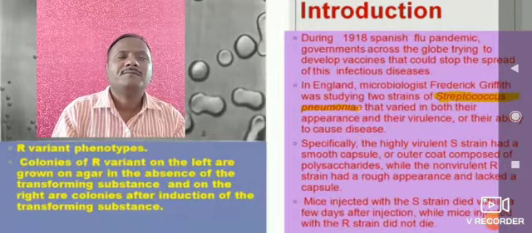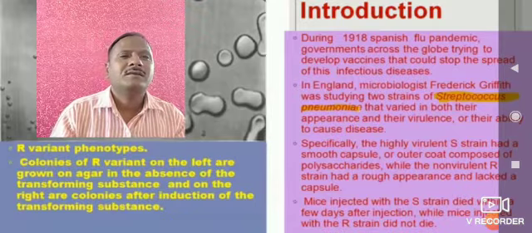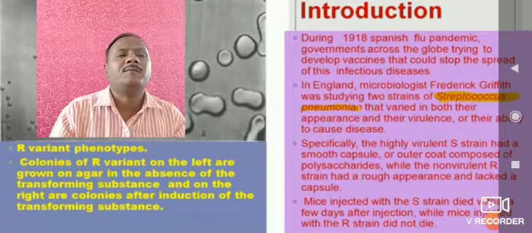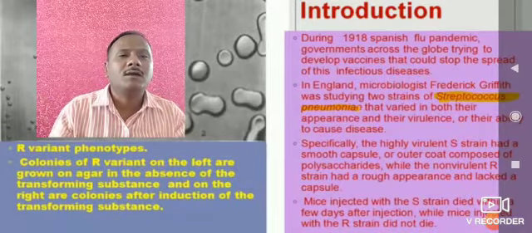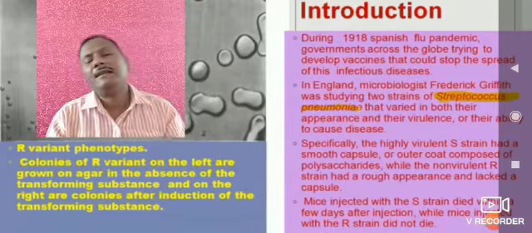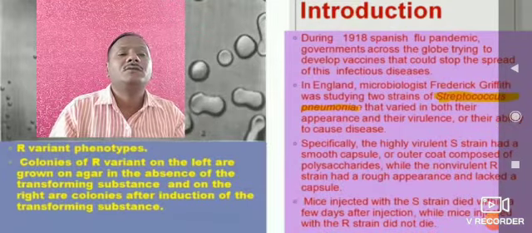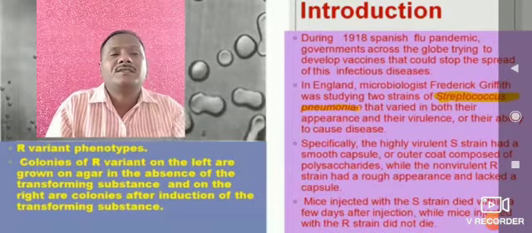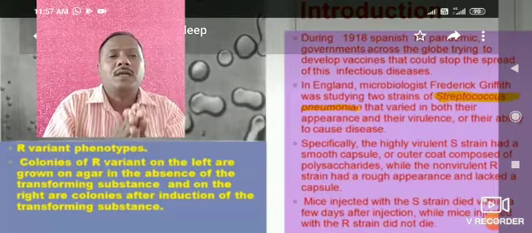In 1918, there was a Spanish flu pandemic. It means the Spanish flu was a disease that spread in the world at that time. And in England, the microbiologist Frederick Griffith was studying two strains of Streptococcus pneumoniae.